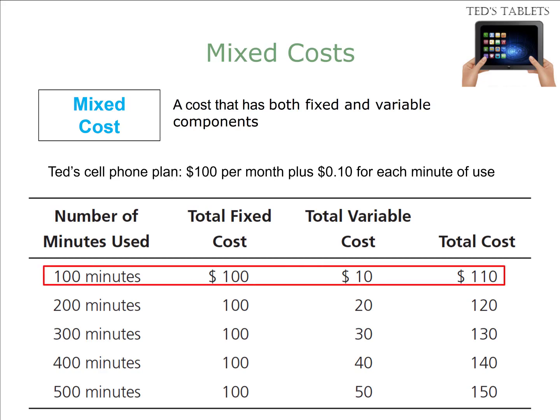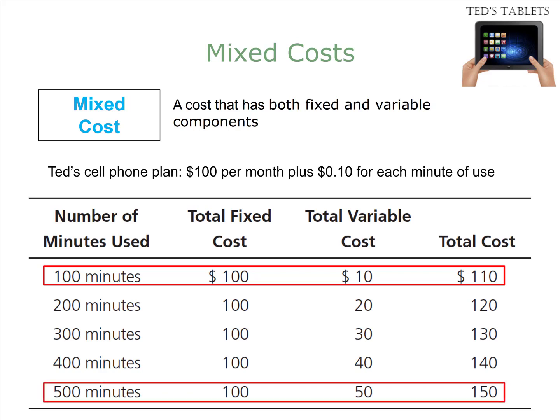If the cell phone is used for 100 minutes, the company will bill Ted $110. $100 of it is the fixed cost per month, plus the variable cost of 100 minutes times 10 cents per minute, which gives us $10 of variable costs. If they talked on the phone for 500 minutes, the fixed cost is still $100, but the variable cost rises to $50 due to the 500 minutes times 10 cents per minute. The total cost is then $150.